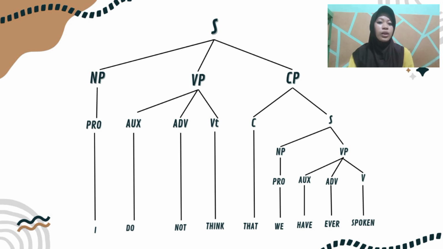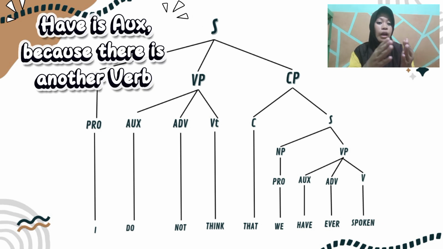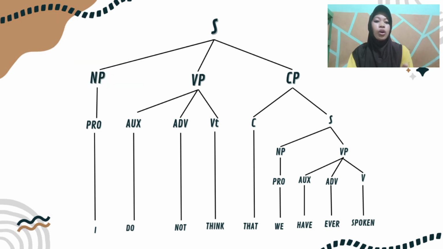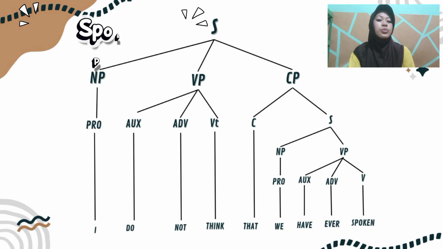One, NP, which branches into one node, pronoun we; and two, VP, which includes have ever spoken. So, the VP in the subordinate clause also branches into three nodes: auxiliary, have; adverb, ever; and the last node is main verb, spoken.